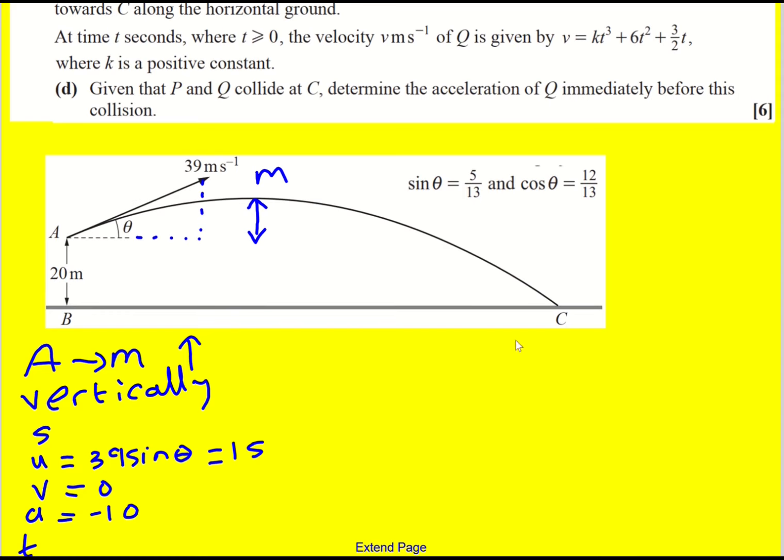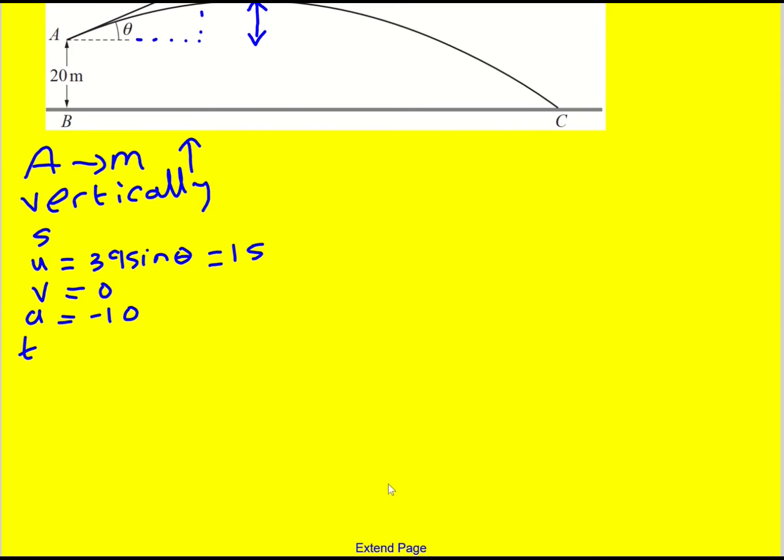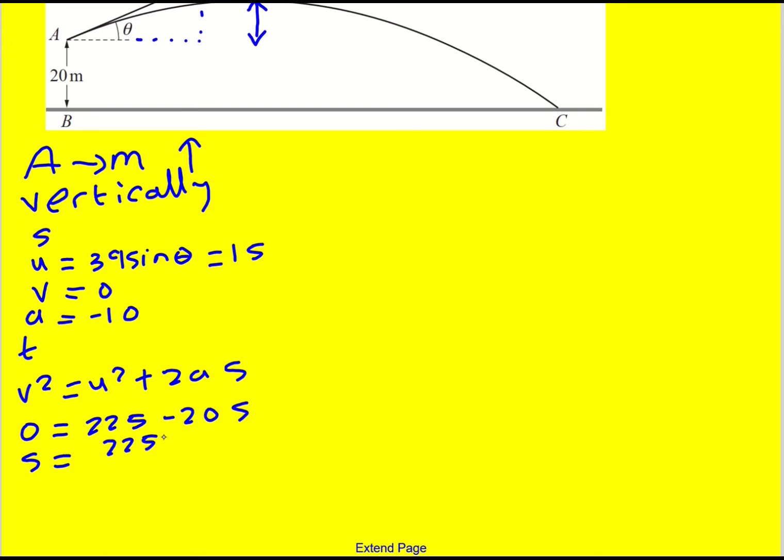So I can use suvat without t in. That's going to be v squared equals u squared plus 2as. 0 is going to be 15 squared, 225, minus 20s. That gives us s is equal to 225 divided by 20, which ends up being 11.25.